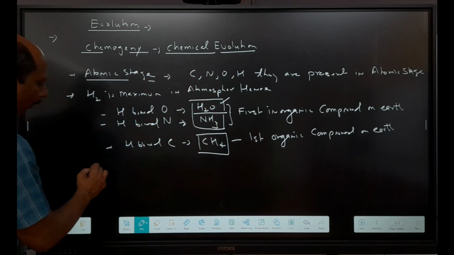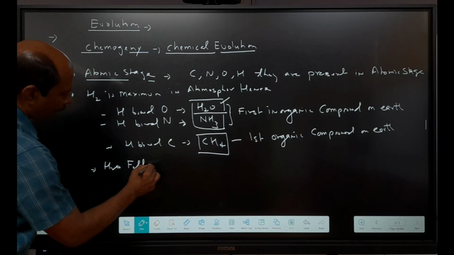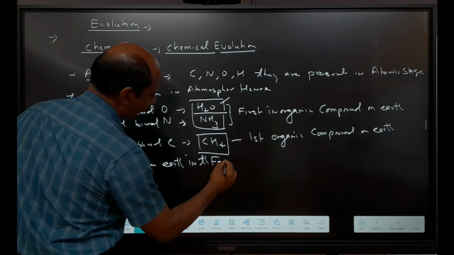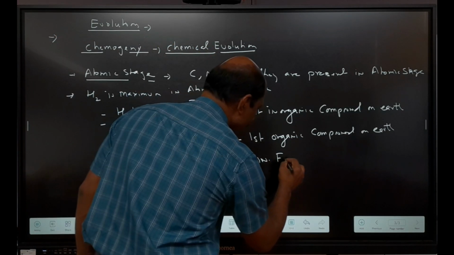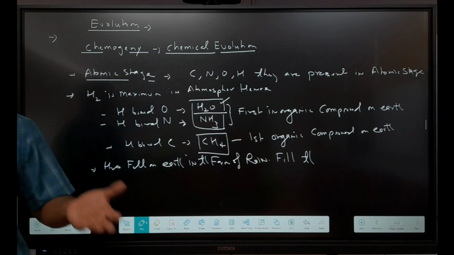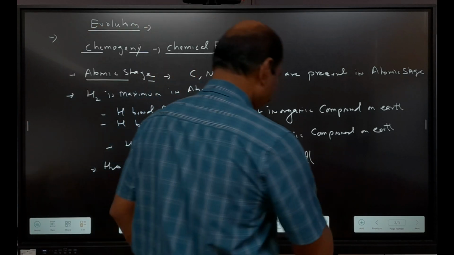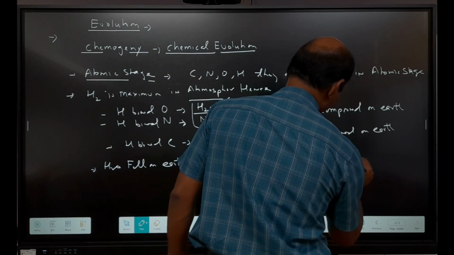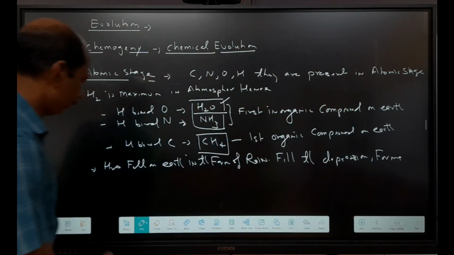H2O falls on Earth in the form of rain and fills the depressions, which are formed due to the contraction of Earth. Right? It fills the depressions and forms shallow oceans.